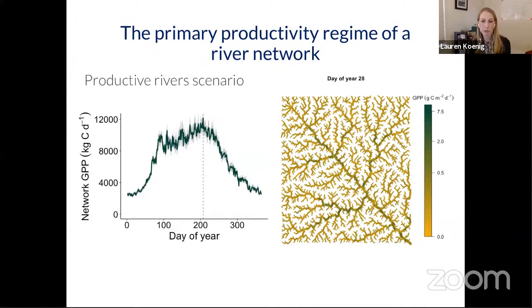So the shape of this curve gives us information about the biological expansion and contraction in the river network throughout the year. So in this scenario, in the spring, most productivity is coming from smaller rivers, whereas as we enter into the summer months, network scale dynamics are really being driven by larger rivers that are shown in green. And so we can follow this expansion and contraction throughout the year.